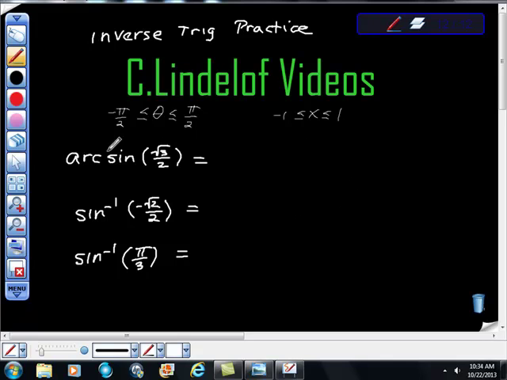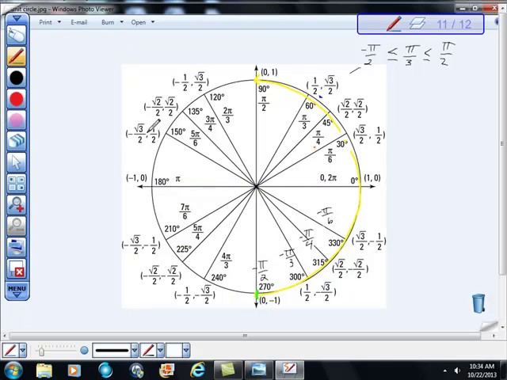So we talked a little bit about some stuff we had to know. One, that arc sine and inverse sine have the same meaning, don't they? We also talked about the fact that when we diagrammed it, when we look for the solutions here, this is crucial, the solutions had to come from this part of the unit circle, from negative pi halves to pi halves.